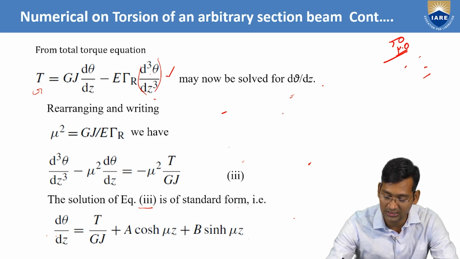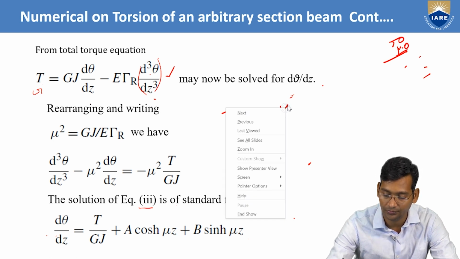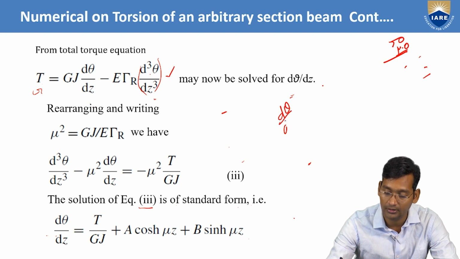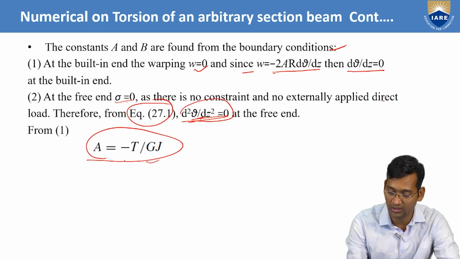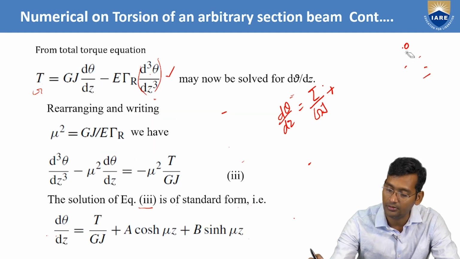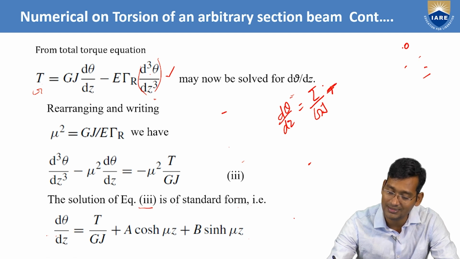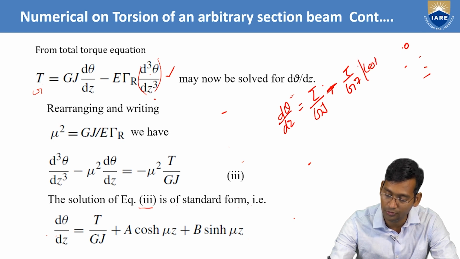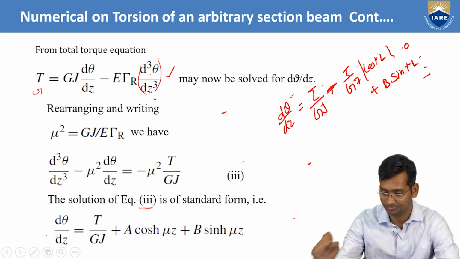So now what is there? dθ/dz equals T by GJ plus the A value we found. What is that? Minus T by GJ. Right, so I'm putting minus T by GJ into cosh μz, where z is L here, plus B sinh μL.